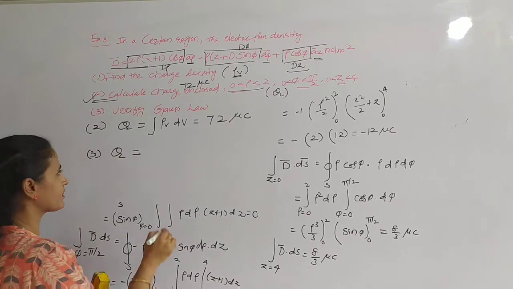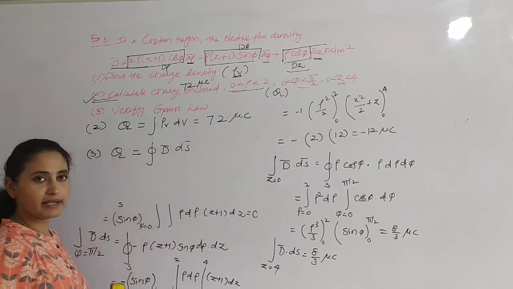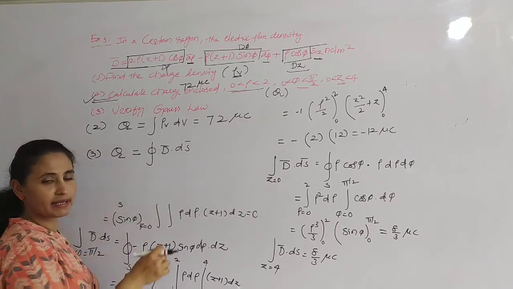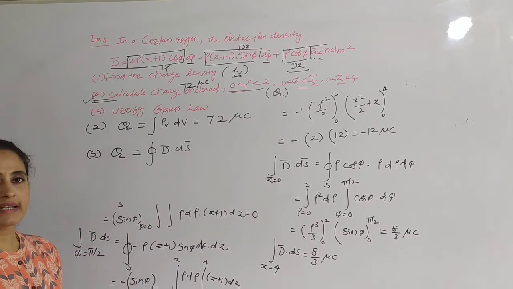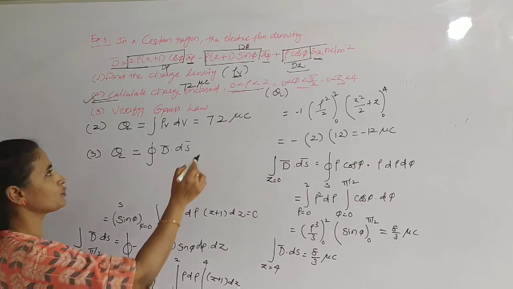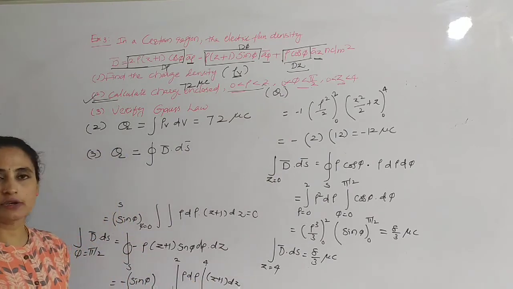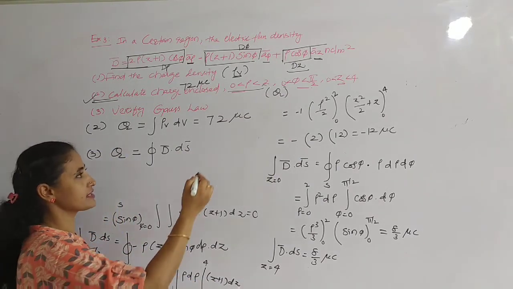In the third case, while we verify the Gauss law, we verify in such a way that Q is equal to the integration of D bar dot ds bar, and this is resolved into 6 individual integrals with rho equal to 0, rho equal to 2, phi equal to 0, phi equal to pi by 2, and z equal to 0 and z equal to 4.